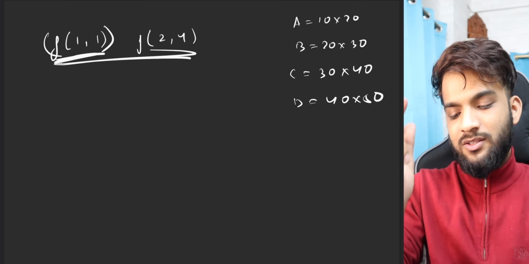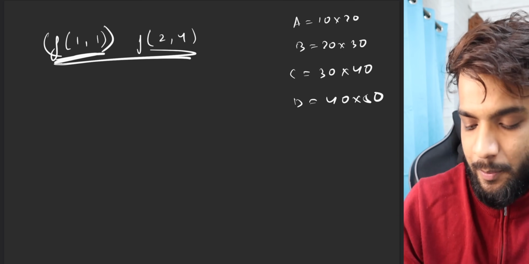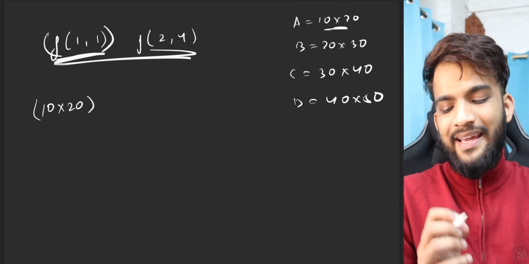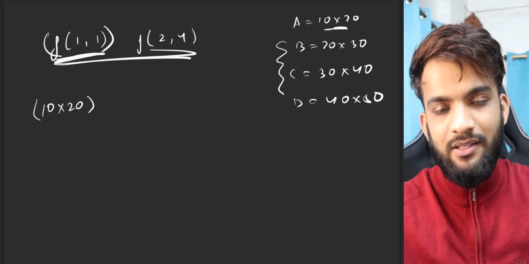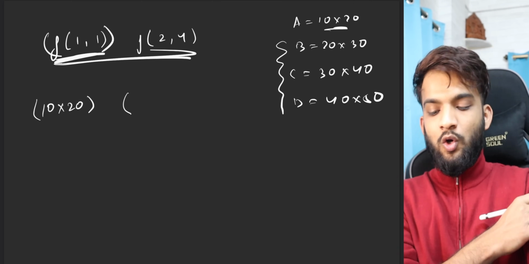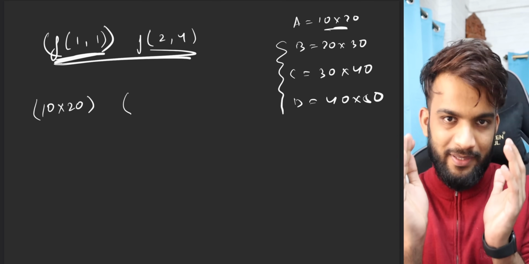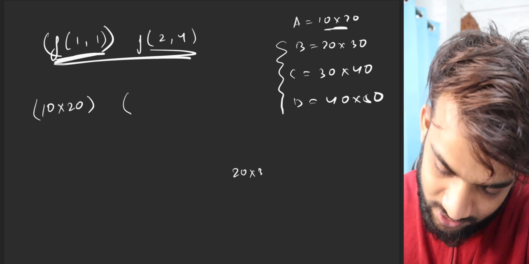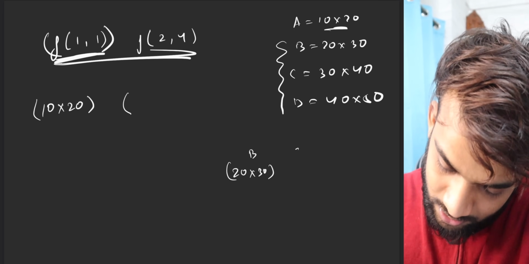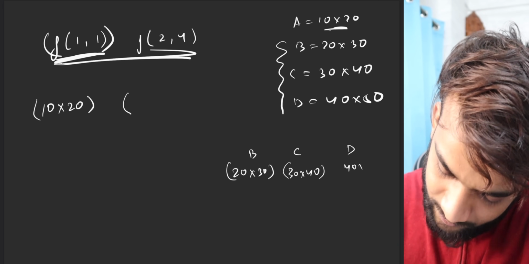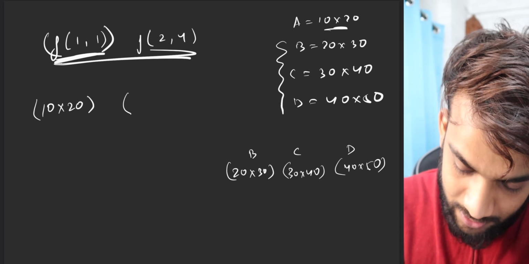So 1 comma 1 means one block of A, which will be 10 cross 20.